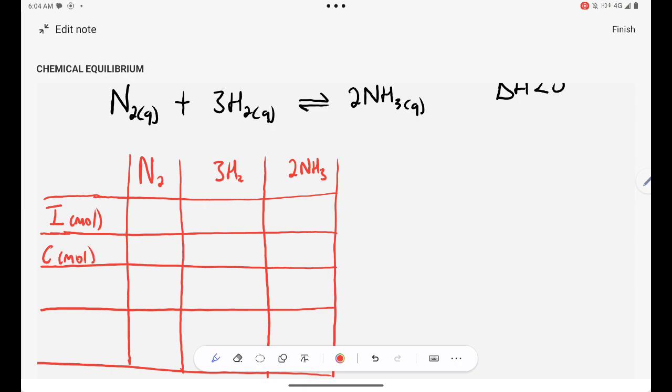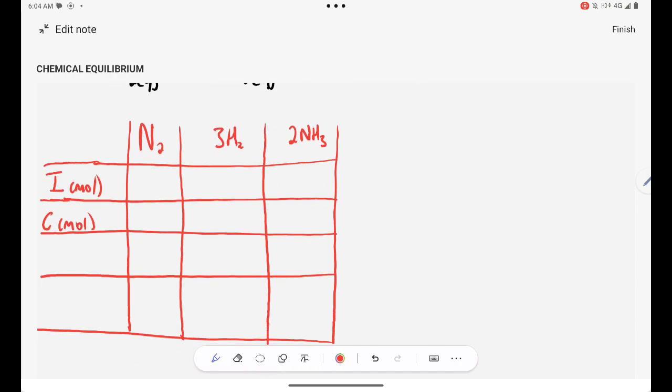Are you together? The C represents both the used moles of our reactants as well as the produced moles of our products. And then this E over here represents the number of moles which are present at equilibrium. And then the concentration there is just the concentration of our products and reactants at equilibrium.